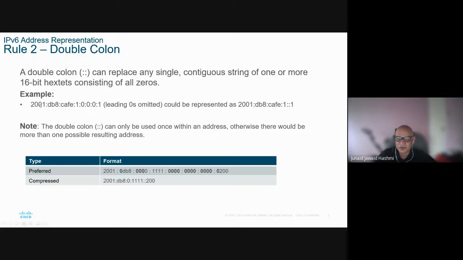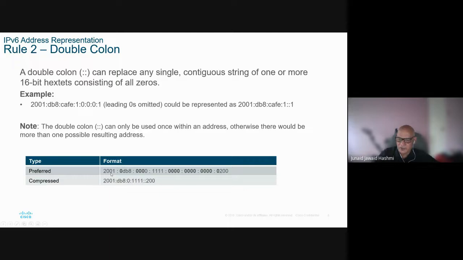Here you see this address has 0000 hextets, where leading zeros are already omitted, and then you could further remove these zeros by replacing them with a double colon.